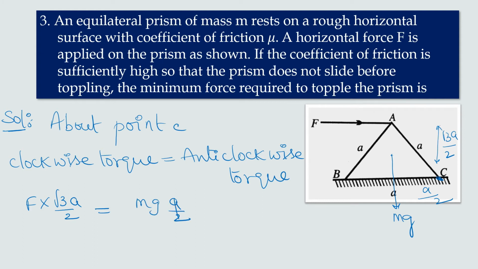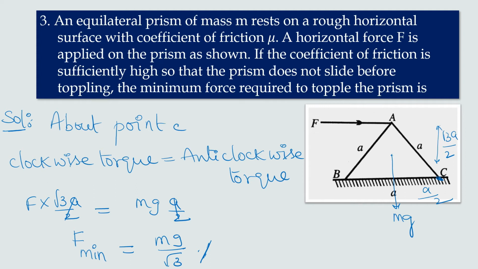The a by 2 gets cancelled. So the minimum force required to topple the prism, F minimum, is equal to mg by root 3. This is the minimum force required to topple the prism, mg by root 3.